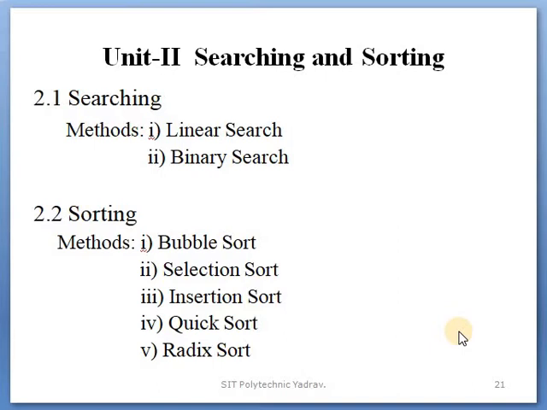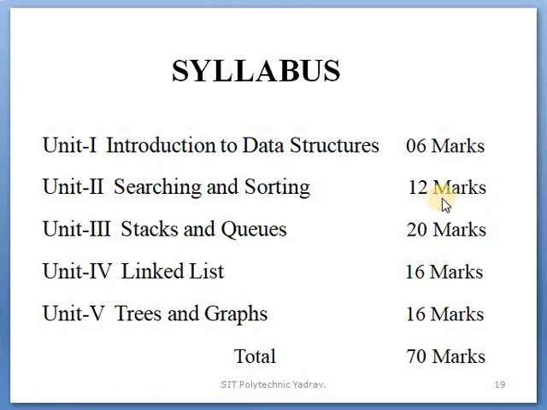In radix sort, and also in quick sort, what is important is that more questions are asked on the working of the sorting method or an example, not on the program. The program is not important for quick sort and radix sort, but the important programs are bubble sort, selection sort and insertion sort. This subject is asked for 12 marks.